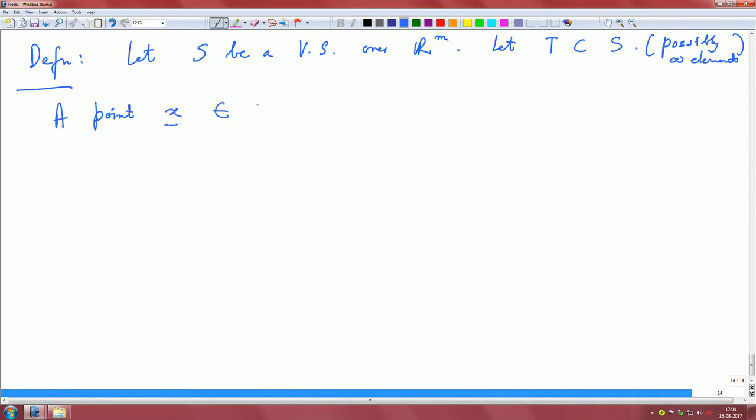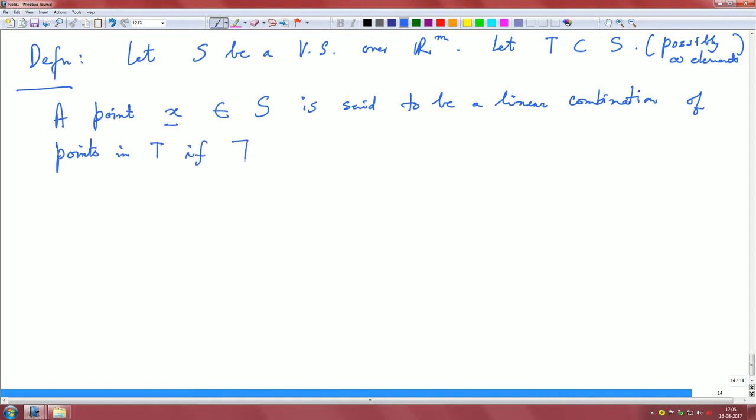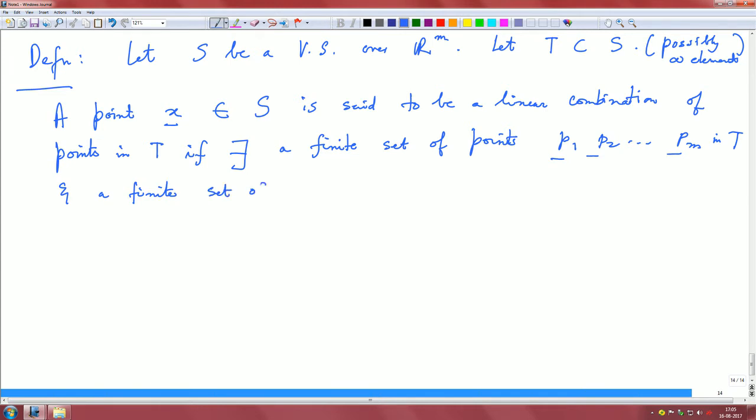A point x belonging to S is said to be a linear combination of points in T if there exists a finite set of points P1, P2 so on till Pm in T and a finite set of scalars C1, C2 so on till Cm in R such that this vector x can be written in this form.